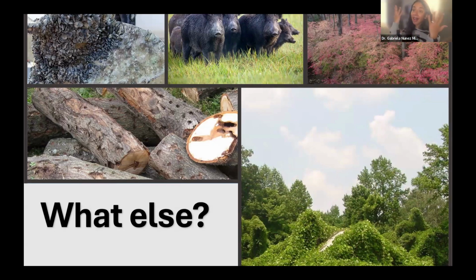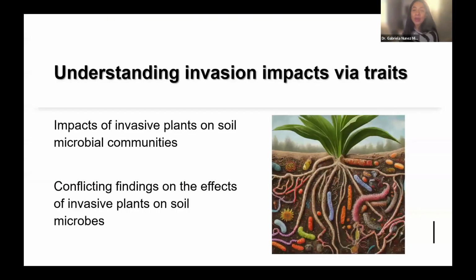The next logical progression from understanding establishment and spread would be impacts, right? That's the part that makes an invasive species an invasive species. We notice it because it's bad. It's doing something that we don't want it to do, either to our ecological systems or economic property or whatever.